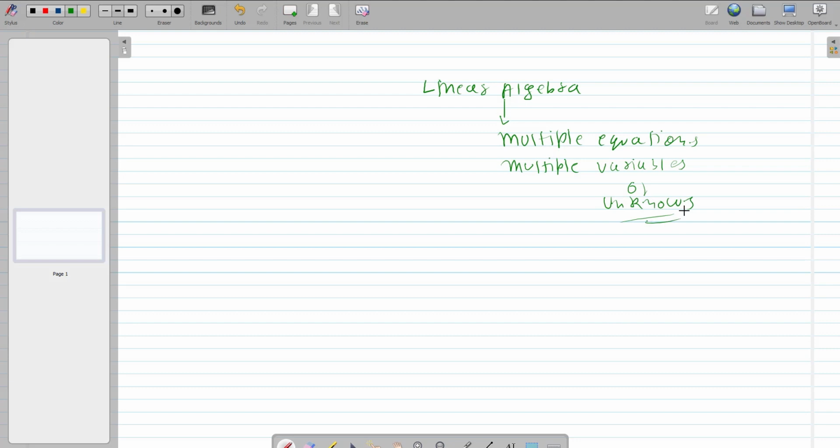We solve these equations and we try to find the value of those unknowns.